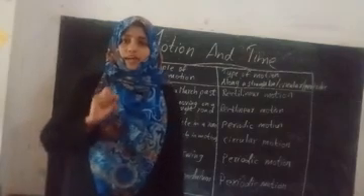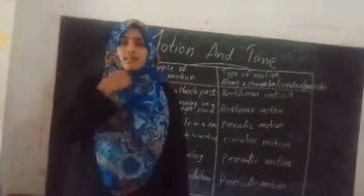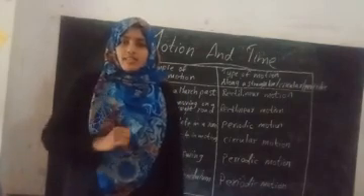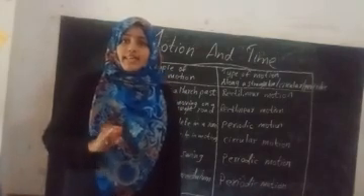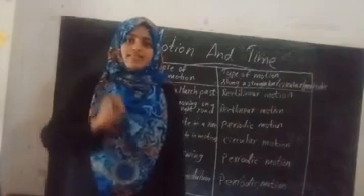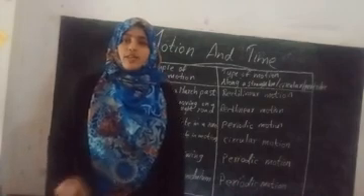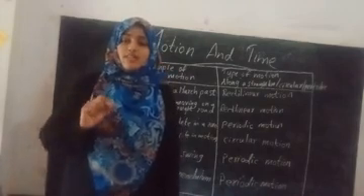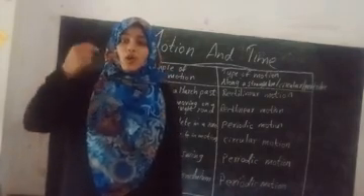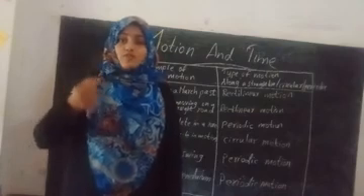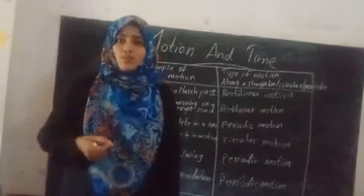I think you all know about it. What is rectilinear motion? The motion taking place along a straight line is called rectilinear motion. Now, what is circular motion? The rotating motion of an object is called circular motion.